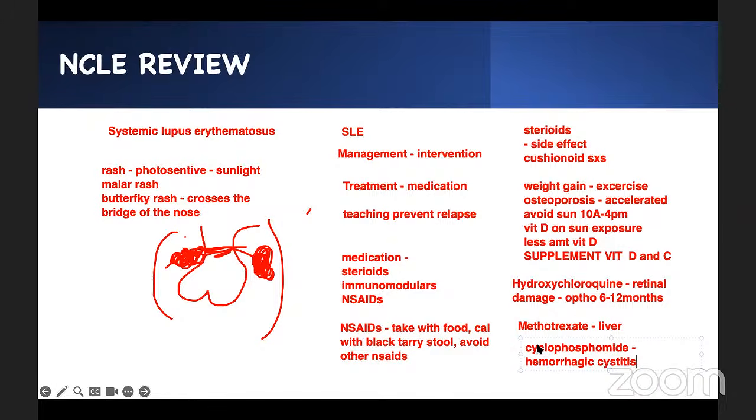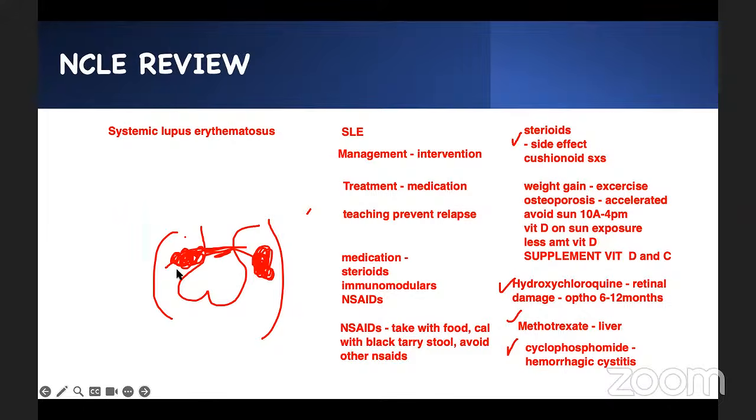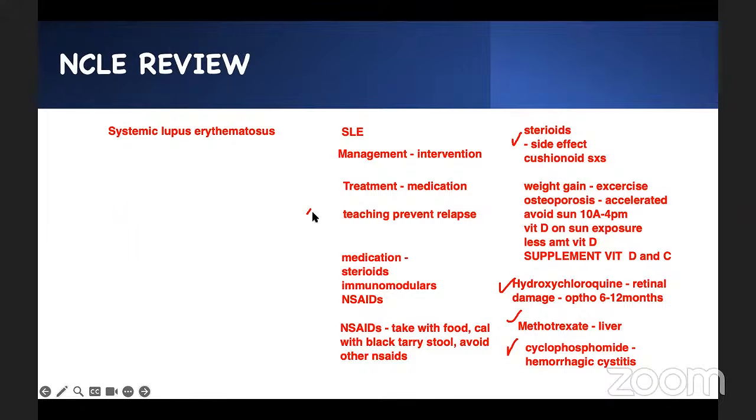So these are medications you give to them, and then they have to use them. All these medications are strong medications. They are immunomodulators, steroids. All these things are important. It's going to make the individual immunocompromised. Therefore, neutropenic precautions.